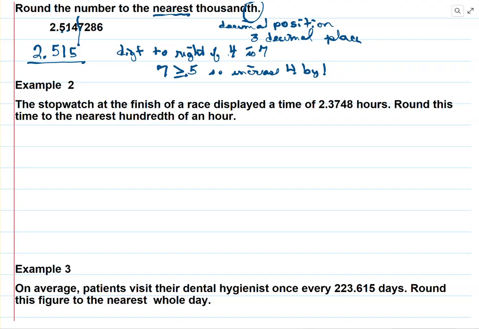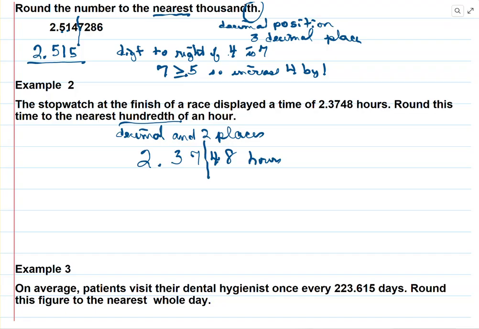Round the time to the nearest hundredths. This is a decimal value and 2 places. All right, so I'm going to write this here. And we're doing hundredths. So 4 is the digit to the right.